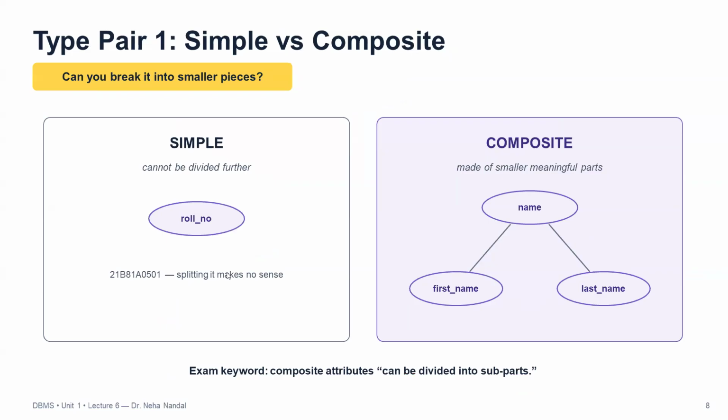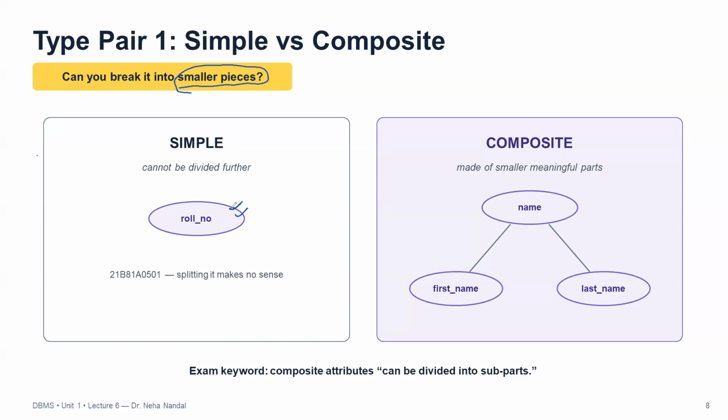Now see, what will happen here? There are different ways to represent the features. For example, can you divide any attribute into further smaller pieces? Like, for example, roll number.